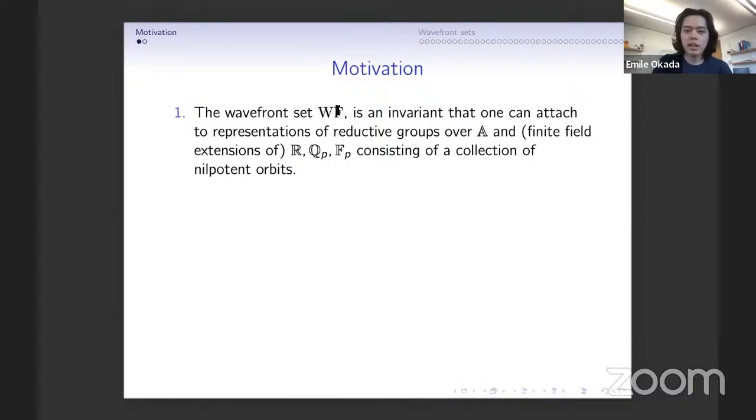going back, there are various candidates for what you might want to call the Wavefront set in each of these instances as well. There's the definition for nilpotent orbits over the base field, and then there's also nilpotent orbits over the algebraic closure of the base field. I call the one corresponding to the algebraic closure the Wavefront set.